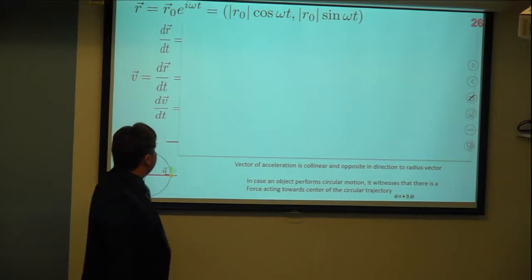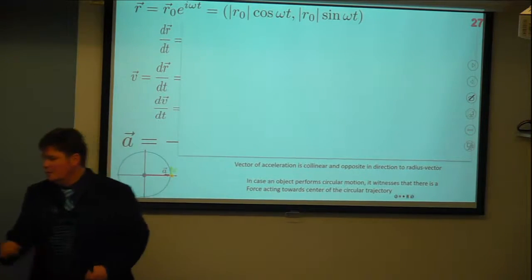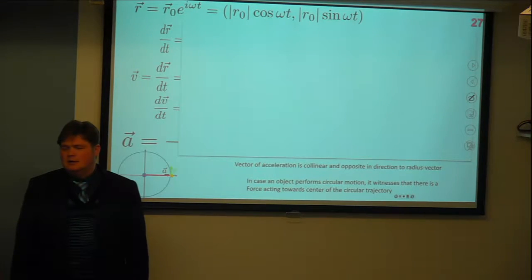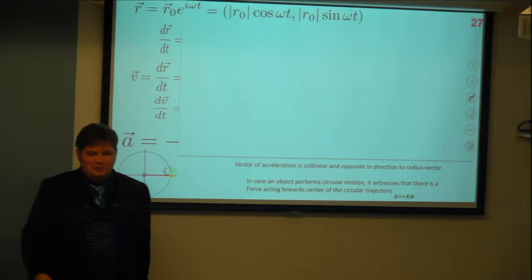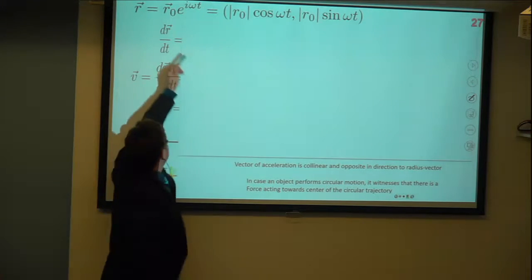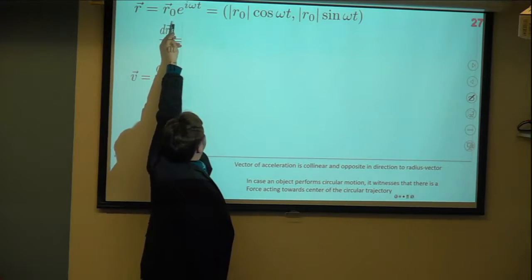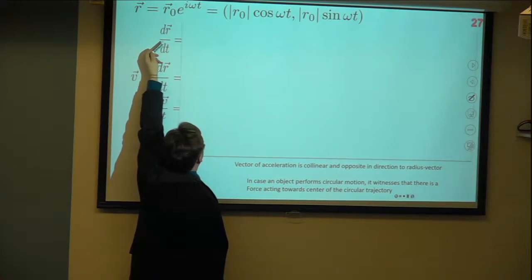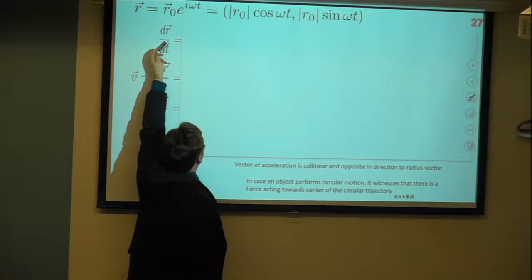Now, just repeating the stuff that we did before. I don't have energy to write it down. I hope you forgive me and believe me that it is correct. So if we take the derivative of this expression over time, what are we going to get?